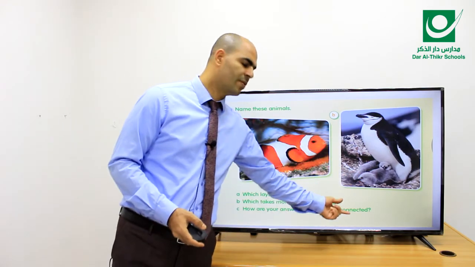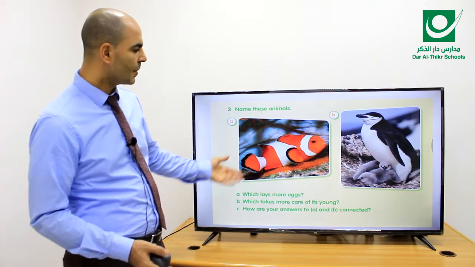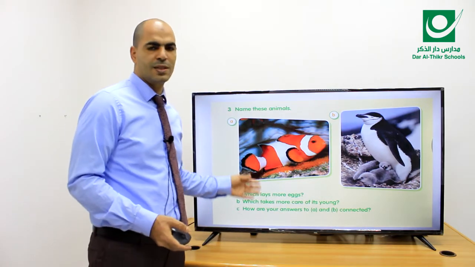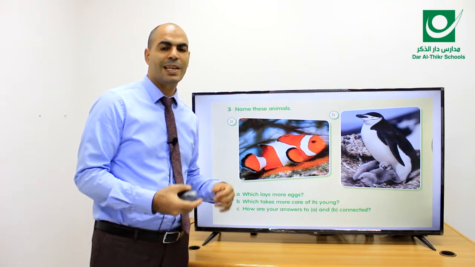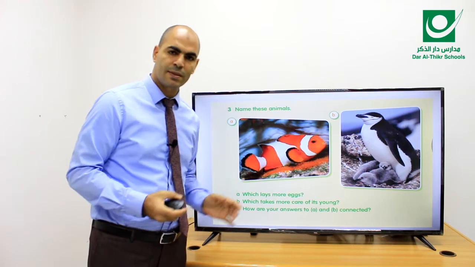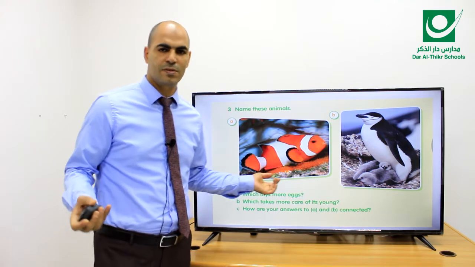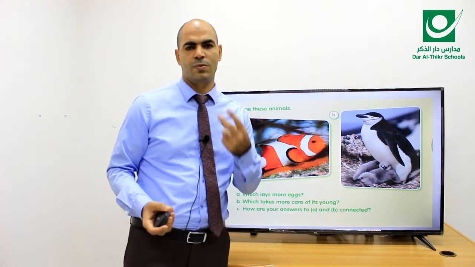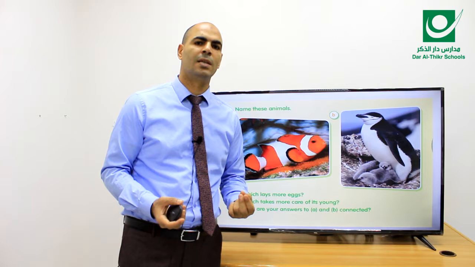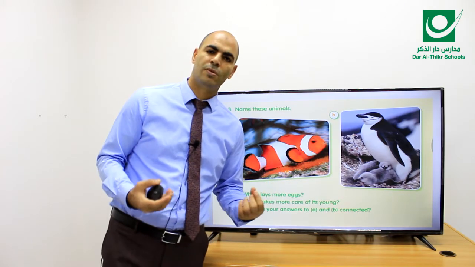How are your answers to A and B connected? The fish doesn't take care of its young because it lays thousands of eggs, so it doesn't have a chance for caring for them. But the penguin just lays 1 or 2 eggs, and it has a chance to care for them.